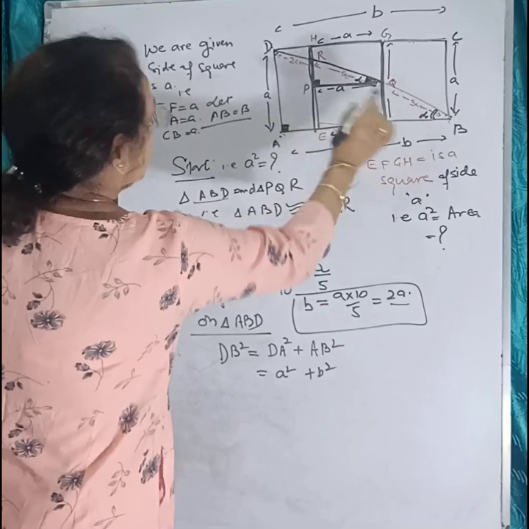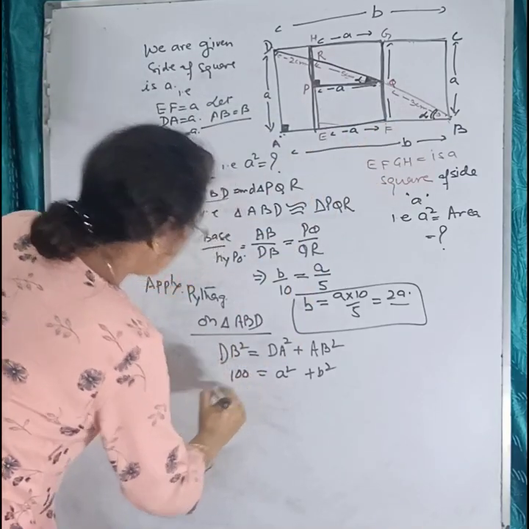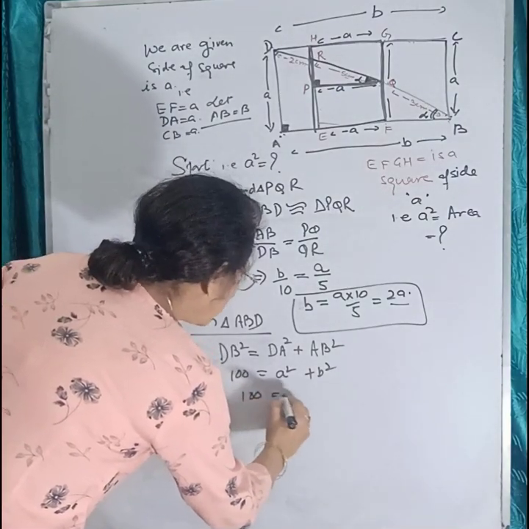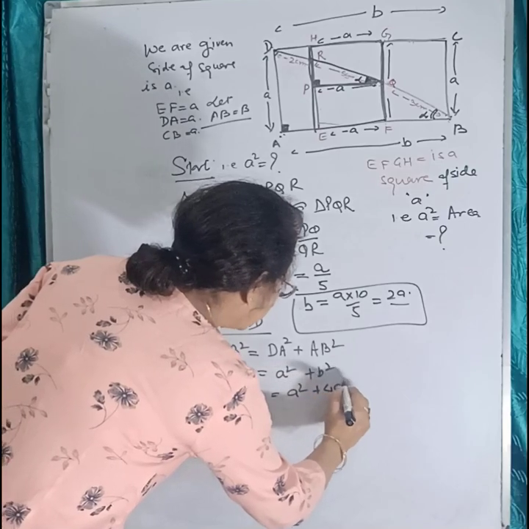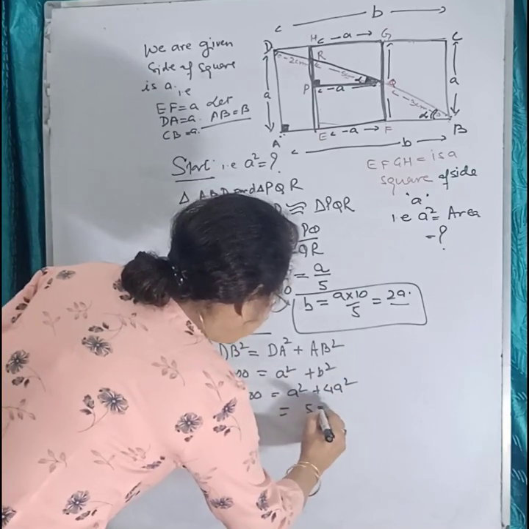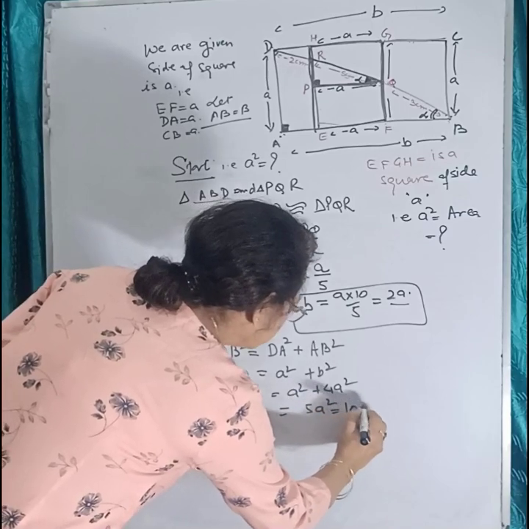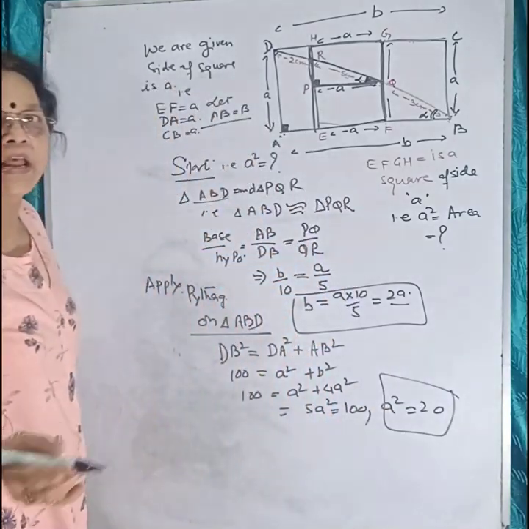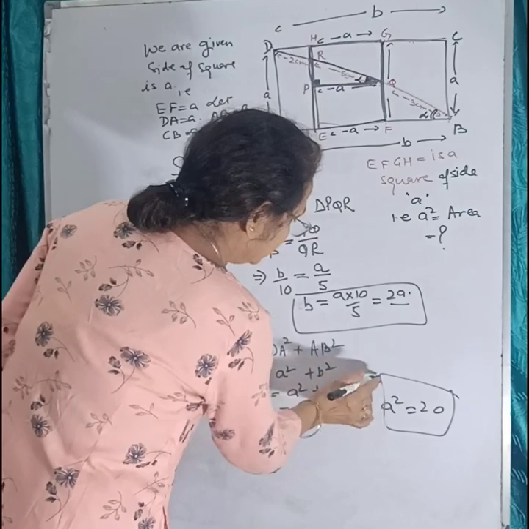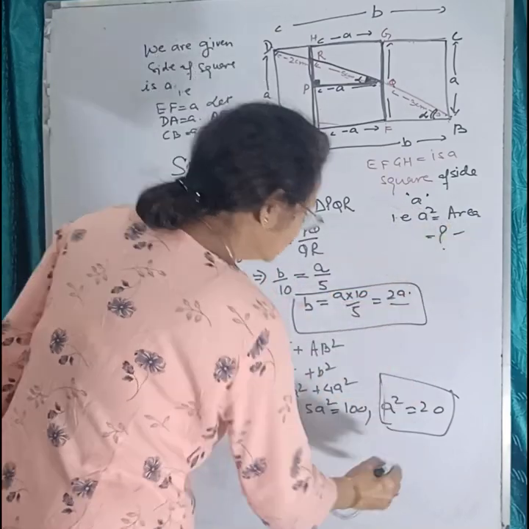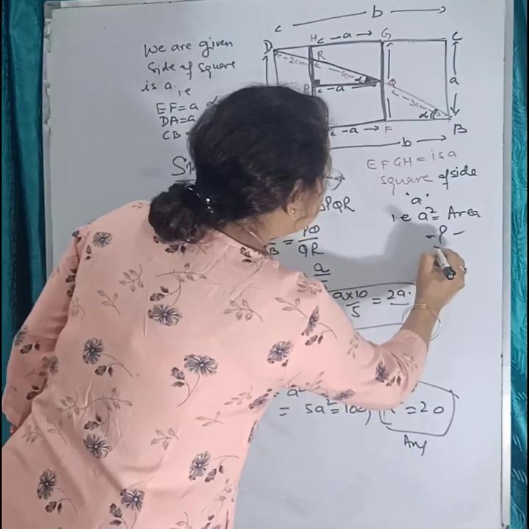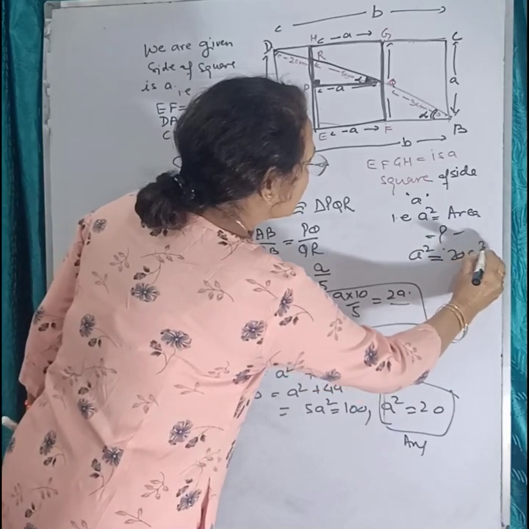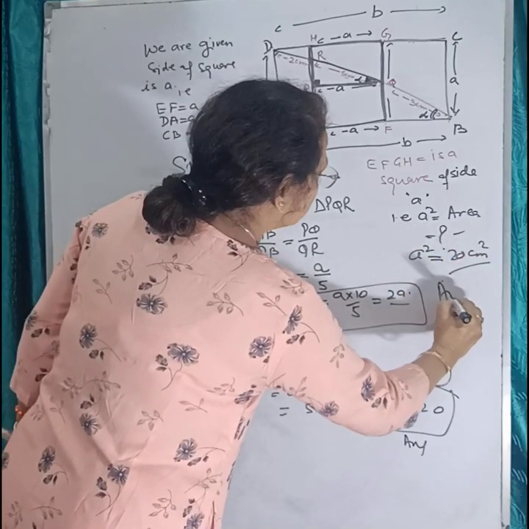DB is equal to 10. It means 100. It means 100 is equal to A square plus 4A square. It means 5A square is equal to 100. Or we can say A square is equal to 20. Which is nothing but the area of the square. This is the area of the square which is to be determined. It means A square, which is the area of the shaded portion, is equal to 20 cm square. Answer.